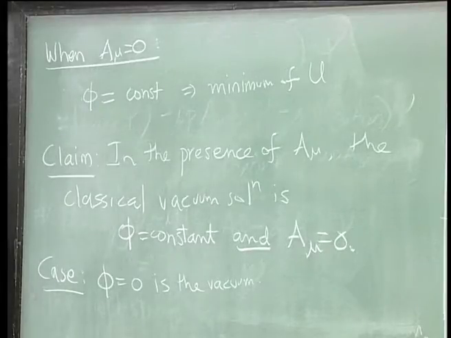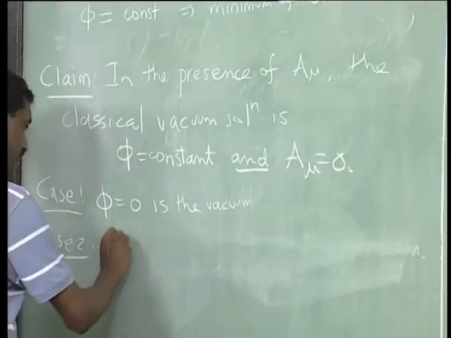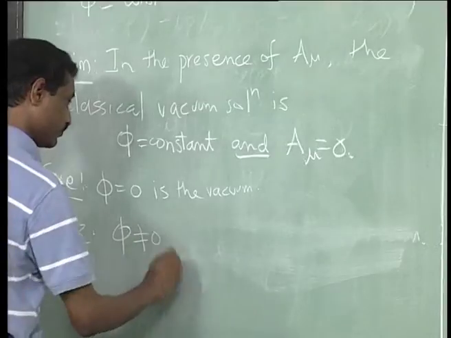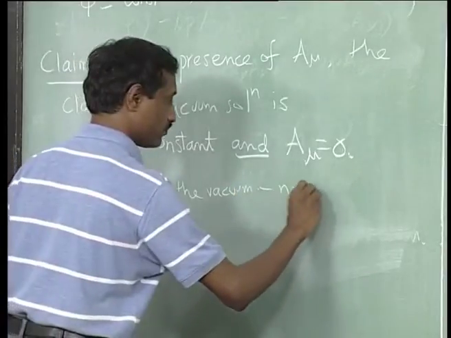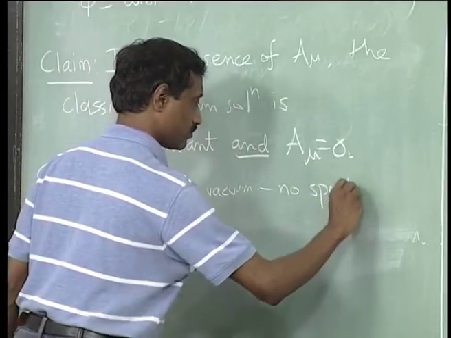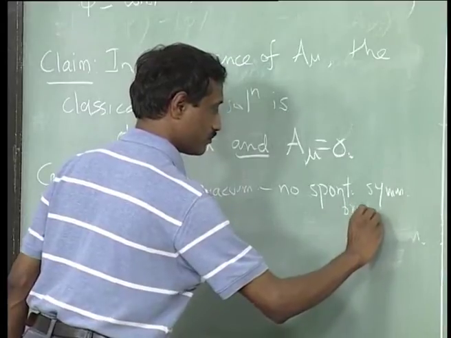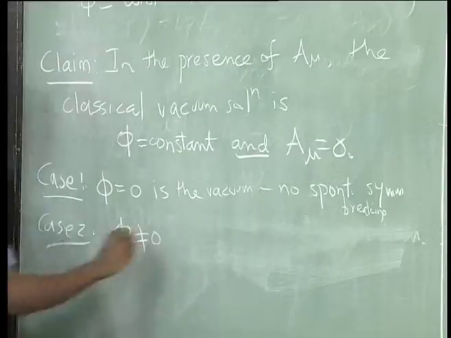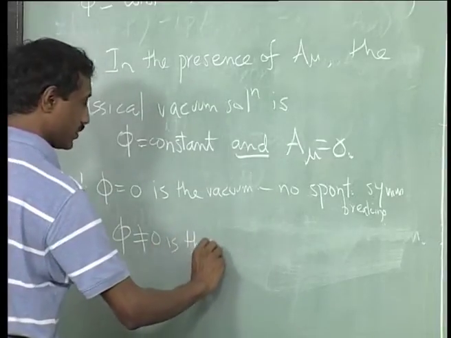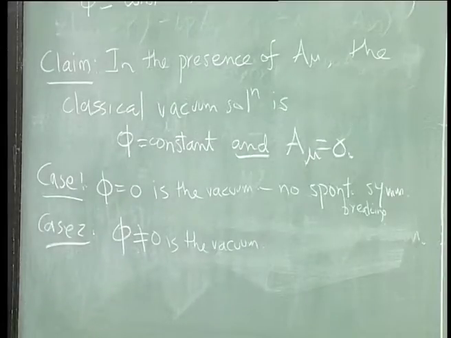But suppose phi not equal to 0 is the vacuum configuration. Then there is something very interesting that happens.